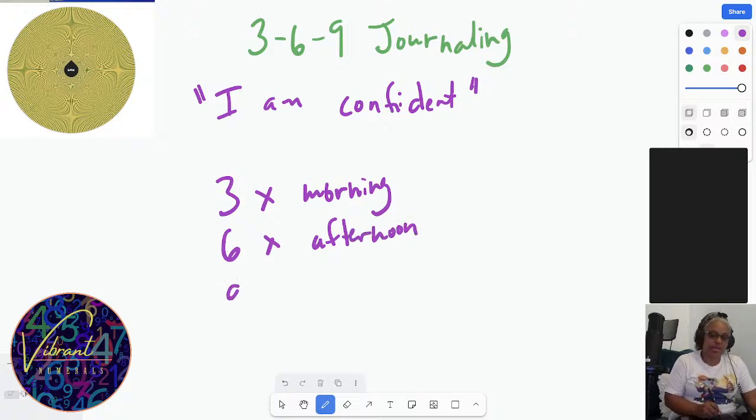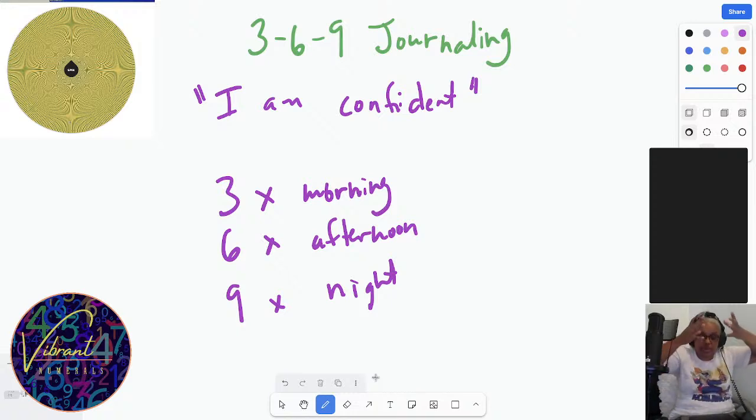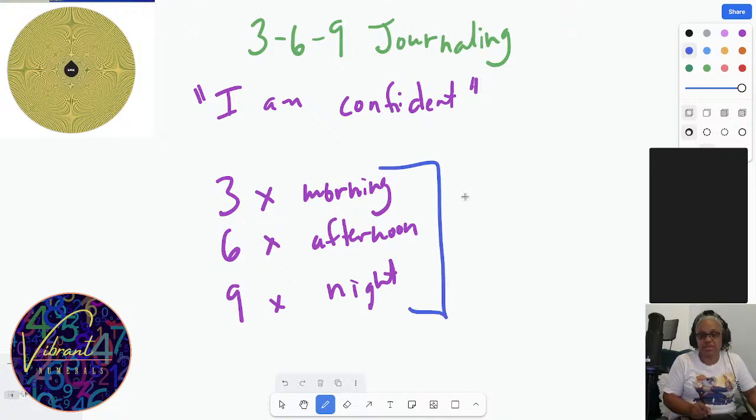And you'd write it 9 times at night every day. And that's building up this energy to be able to manifest it, to make it so. And then you can make this even more powerful if you do these at the same time every day.